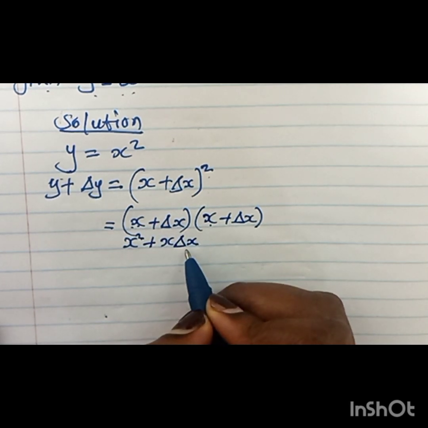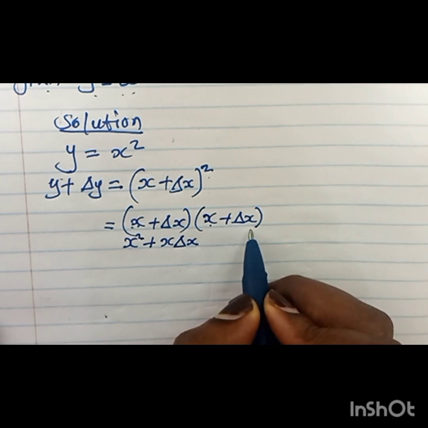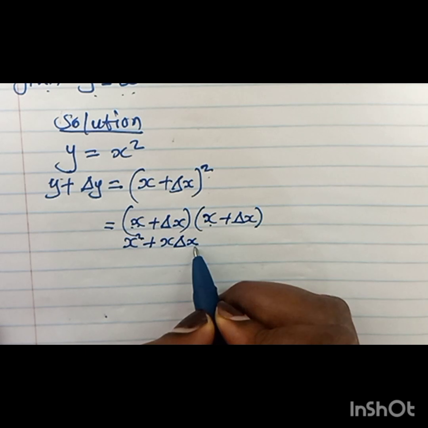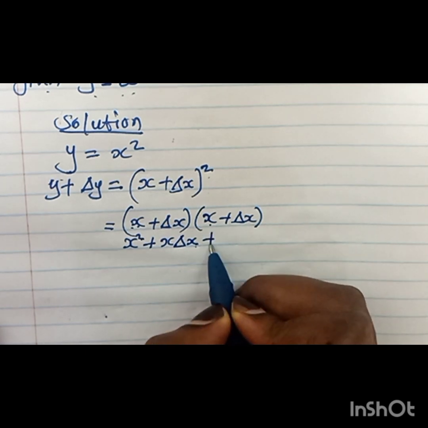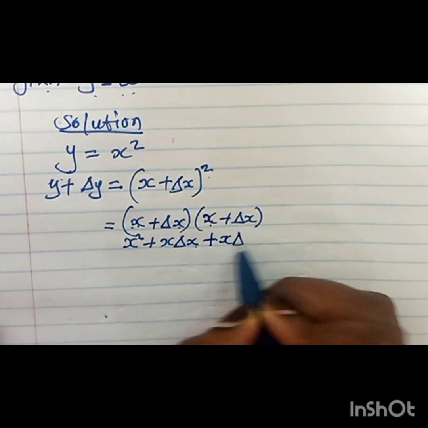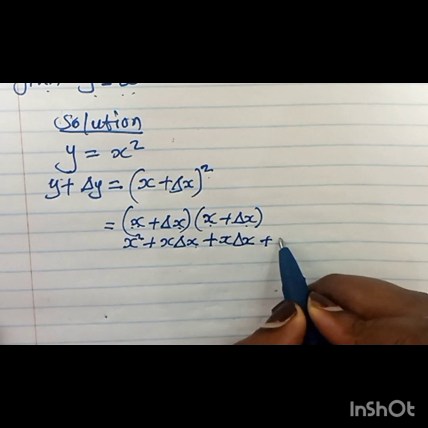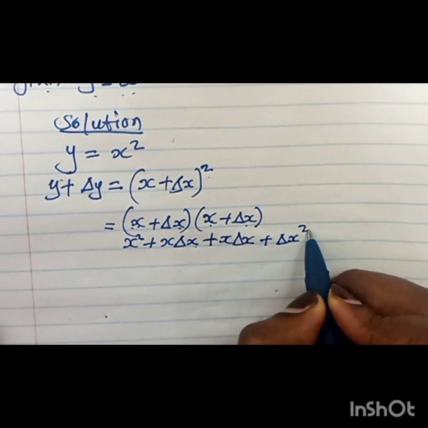You have to note that x times change in x is not change in x squared, but it is x times change in x. Then plus change in x times x is x change in x, plus change in x times change in x is change in x squared.